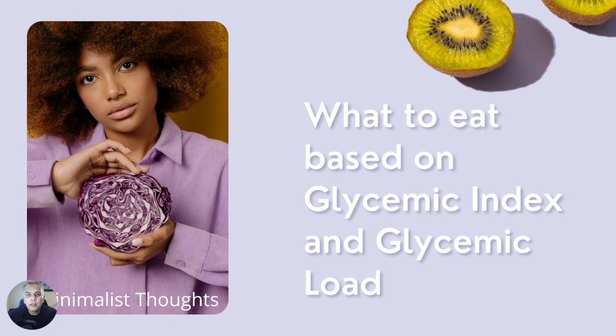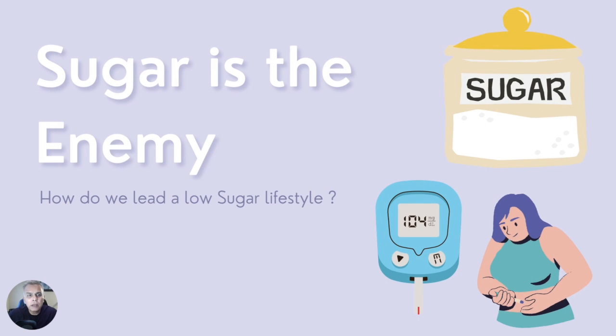Hello. Today we want to talk about what to eat based on the glycemic index and the glycemic load. So, before we get into the definitions of glycemic index and glycemic load, let's make one thing clear: sugar is the enemy.